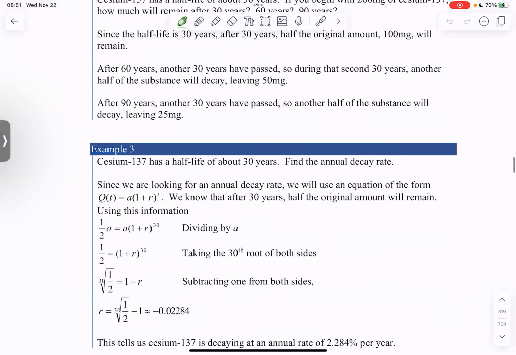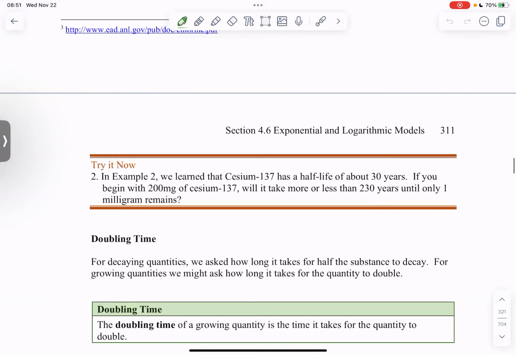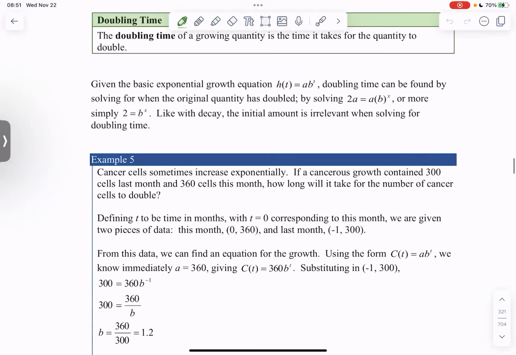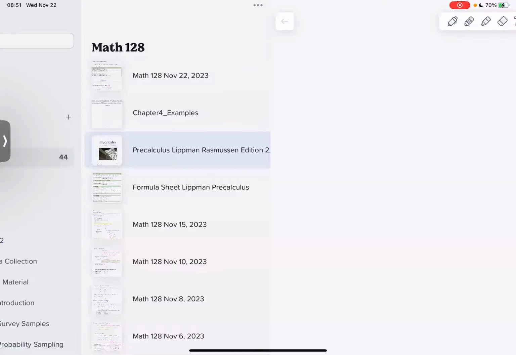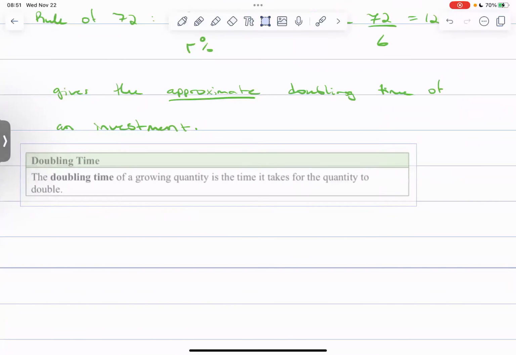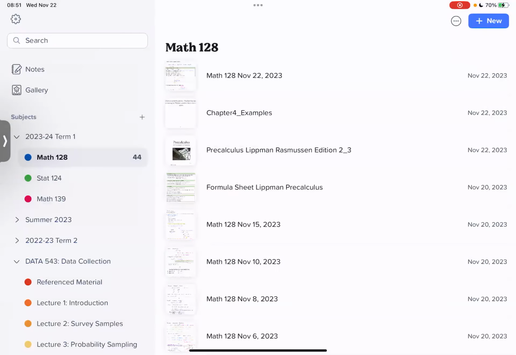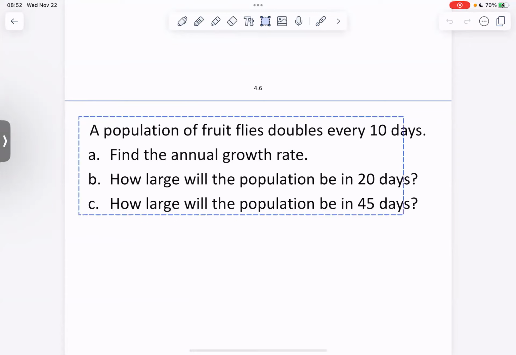Okay, well, I'll see if there's anything useful in here. Well, we already talked about doubling time, I guess. Pretty intuitive from the name, which is nice.